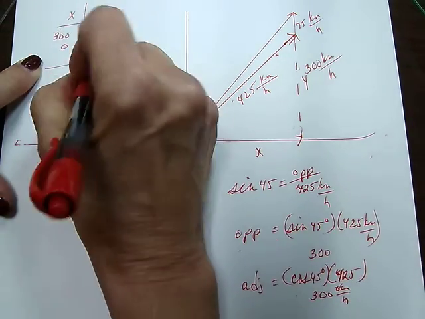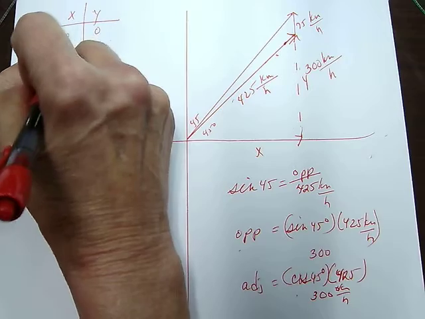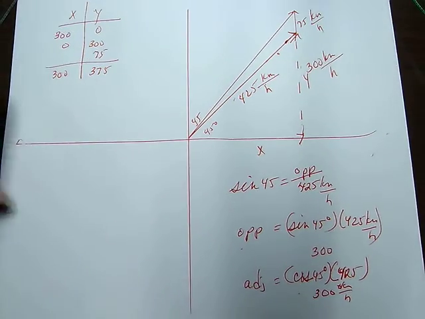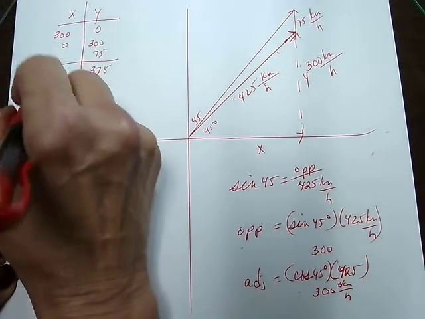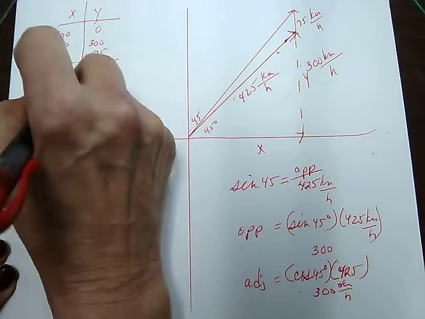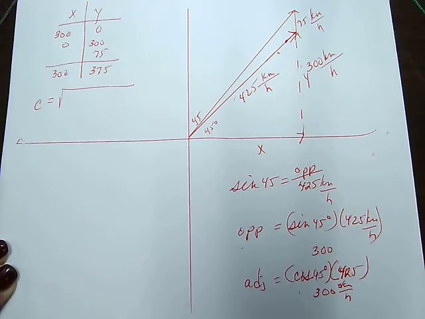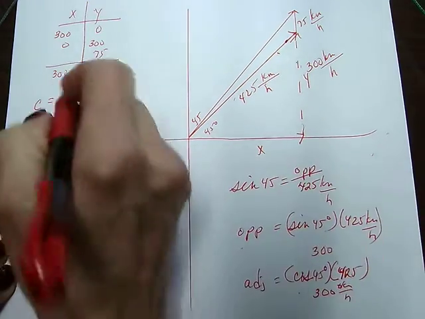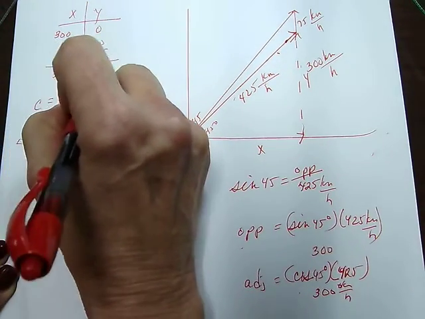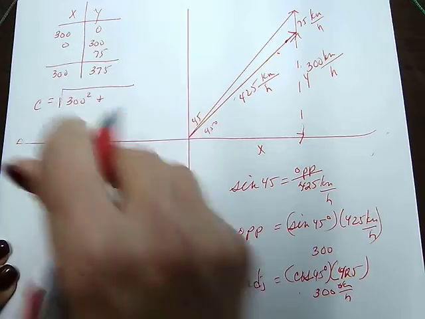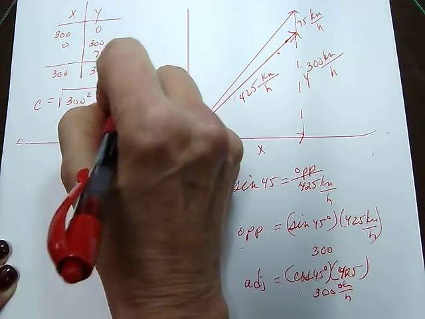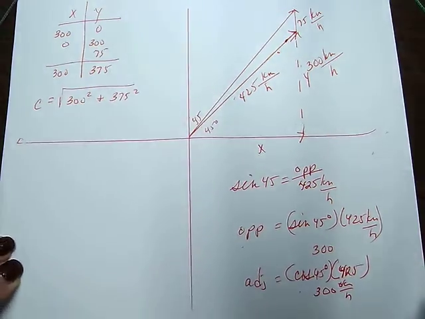So I'm going to add all these together. And I'm going to go back and use c is equal to the square root of a squared plus b squared, and I'm going to choose this as a, plus 375 squared.